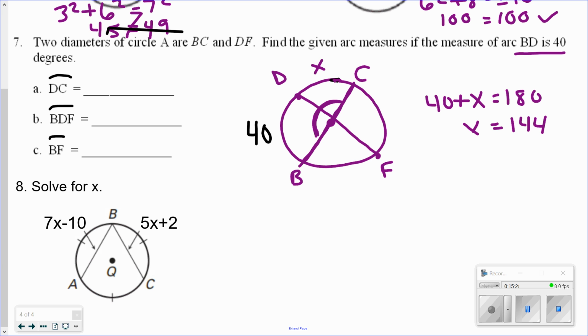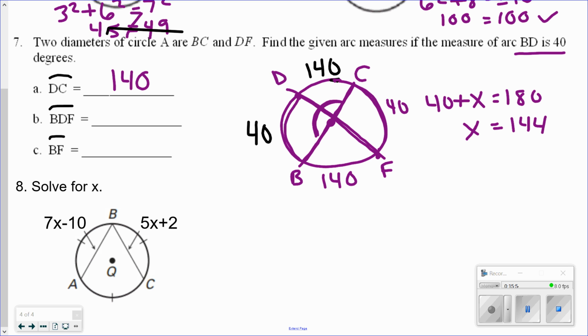So arc DC is 140. So now that I have two arcs, I can actually figure out the other two arcs because arc CF is right across from DB, and here's my diameter, so that means that this arc would have to be 40 and this one would have to be 140.